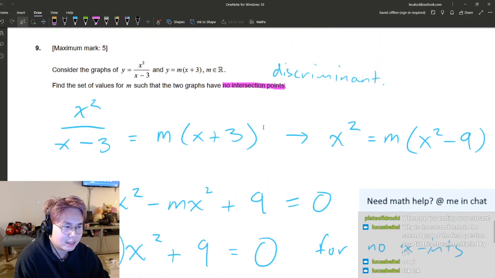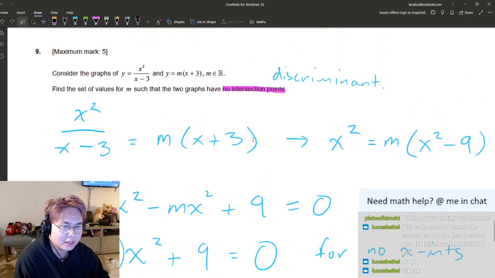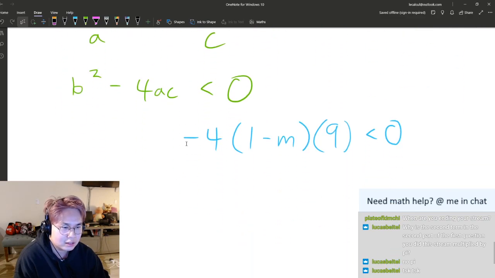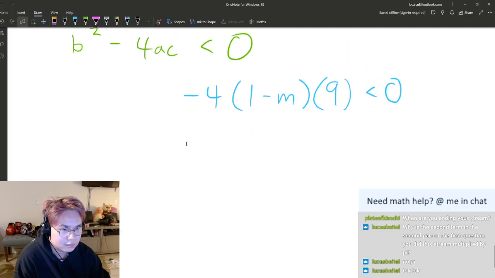Wait, I did something not quite correct here, or... Okay, make these equal, multiply, move over, factor. No, it seems okay. But this looks suspicious.